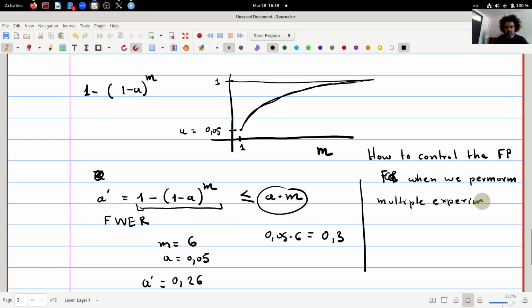And this is an important question because in biology usually we perform multiple experiments. So for example, when we compare the gene expression level, we compare thousands of genes. So these are a lot of experiments.